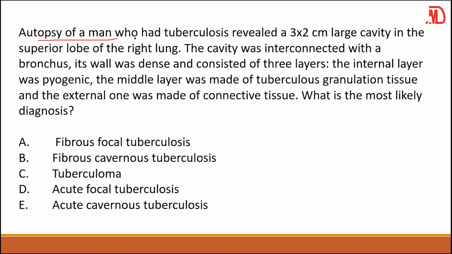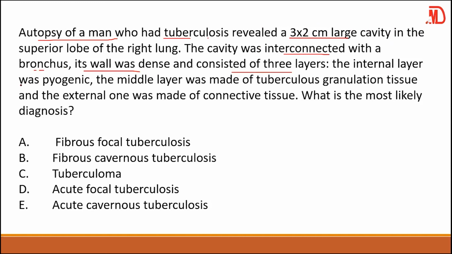Now, the autopsy of a man who had tuberculosis revealed a 3 by 2 centimeter large cavity in the superior lobe of the right lung. The cavity was interconnected with the bronchus. Its wall was dense and consisted of 3 layers.